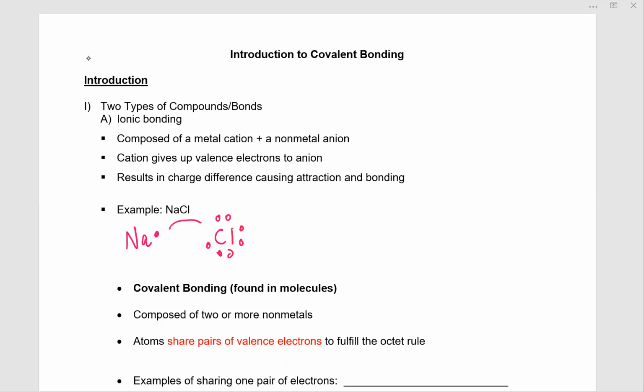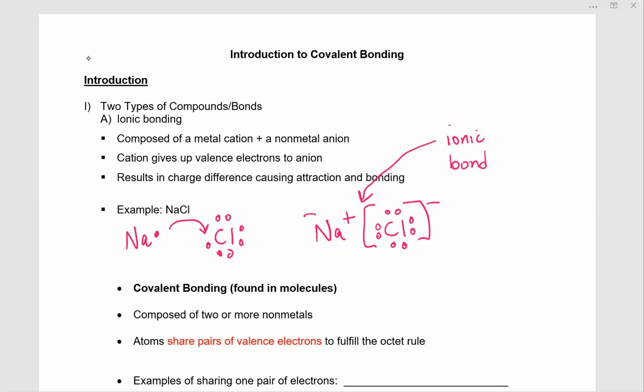Chlorine needs one more electron to meet a full octet. So the compound that we form is we have a sodium cation, and then next to it is a chlorine anion. The attraction between the positive and the negative charges is the ionic bond.